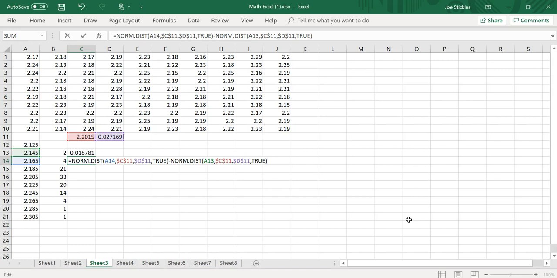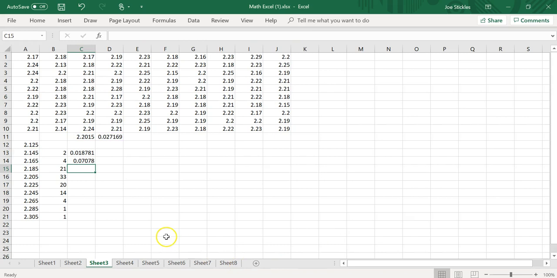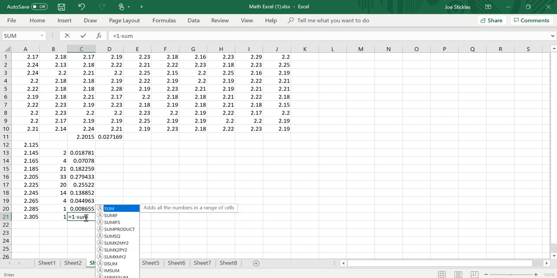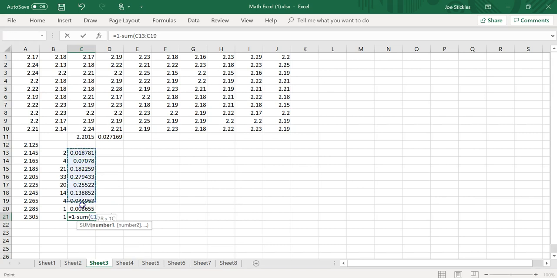These next ones, up until the last, are things between the two values, so that's why I've got the subtraction. We'll copy that down until the very last one, and for the last one I want 1 minus the sum, because that will be everything bigger than 2.285.